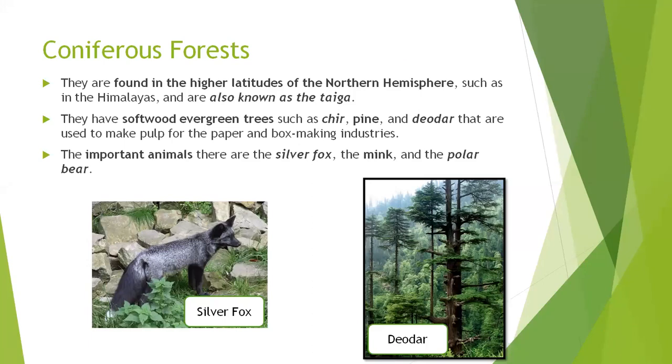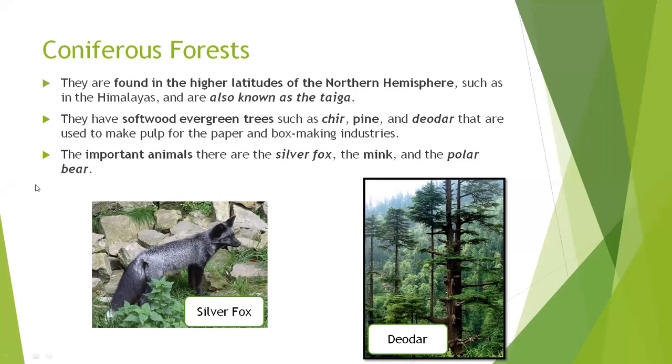Some of the vegetation I already told you, pine, cedar, these are some of the vegetation which we find in these forests. And one more thing, these trees have small and needle-like leaves. If you look carefully at the leaves, they are very thin, just like needles, and the trees here are very straight and tall.